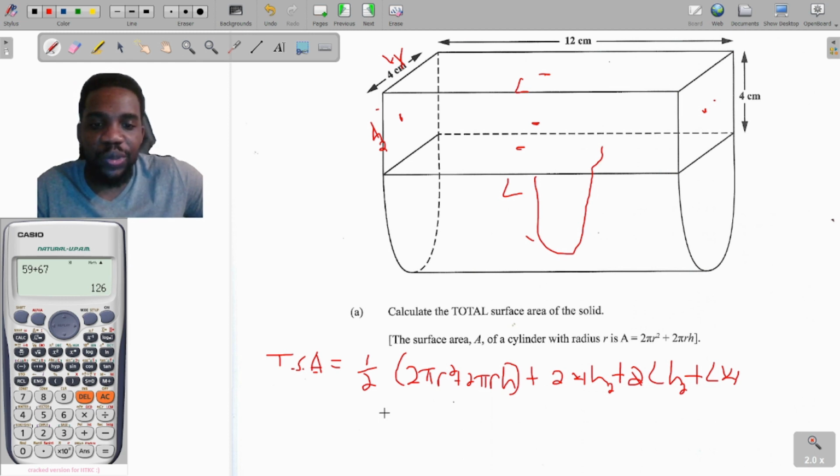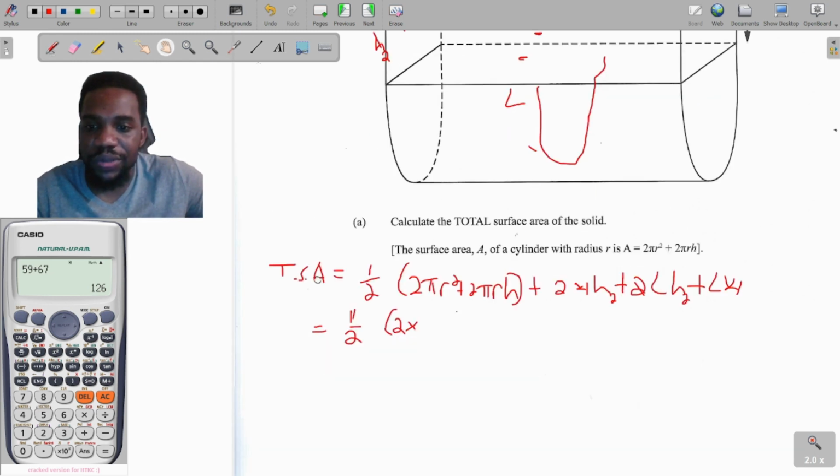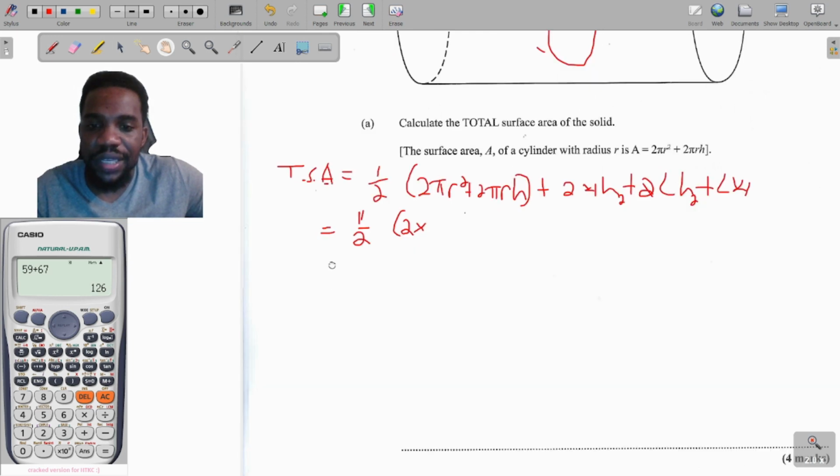All I have to do now is to populate this. Now look at what I do. So I'm going to have a half, open bracket, 2 times, and guess what? I'm going to go to the bottom of the paper to see if they suggested what I should use pi as, because sometimes they say use pi as 22 over 7. Sometimes they say use 3.14.